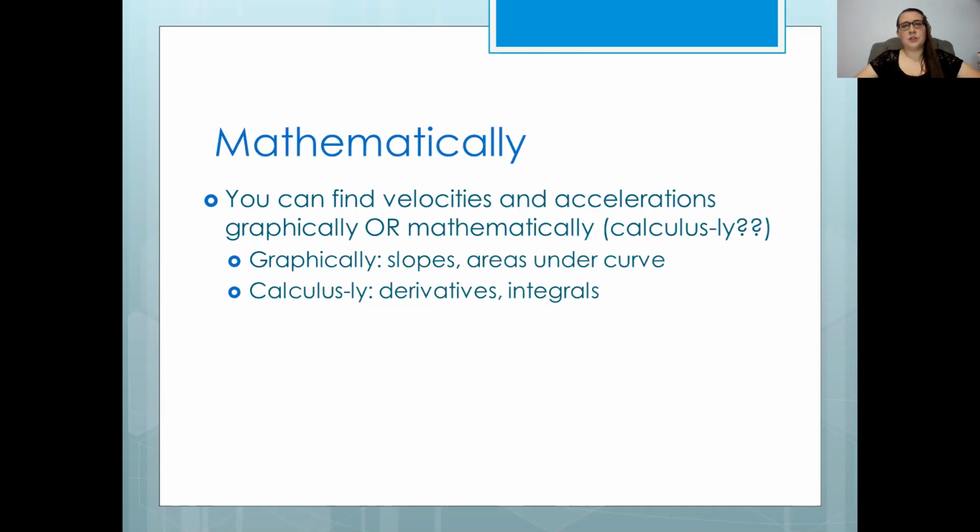So I'll be teaching you how to take derivatives and introducing the idea of an integral today, although integrals really are Calc 2 and Physics 2 predominantly. So you won't see them a whole lot in Calc 1 or Physics 1. So we'll just do a little introduction to those today.